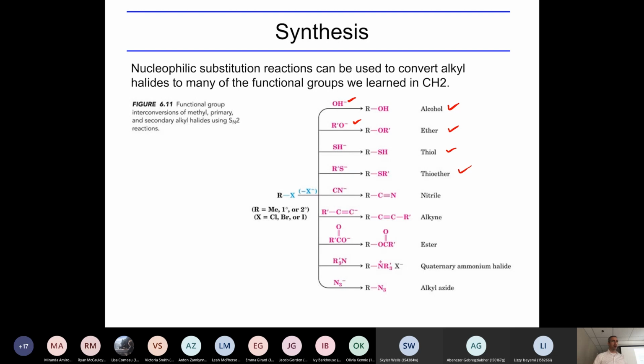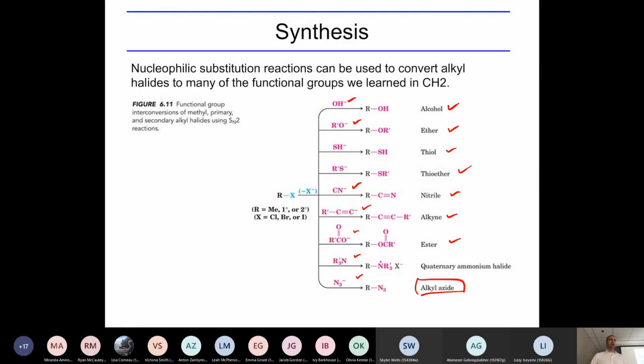We didn't talk much about thiols and thioethers, but they're things. You can use cyanide ions to make nitriles. These guys we're going to talk about in more detail in a later chapter. They can make alkynes, make esters using carboxylates. You can use amines, and you can use azides. Azide is like the best nucleophile of all.